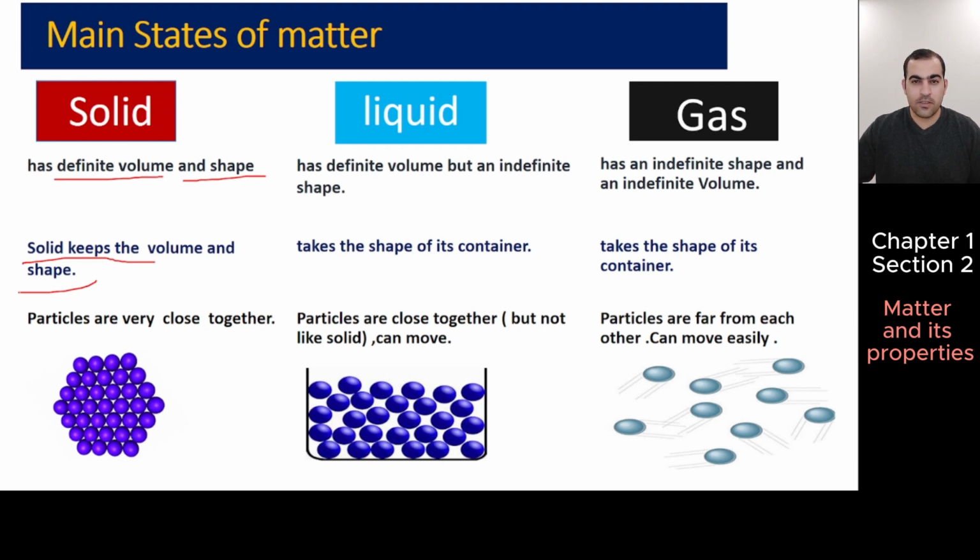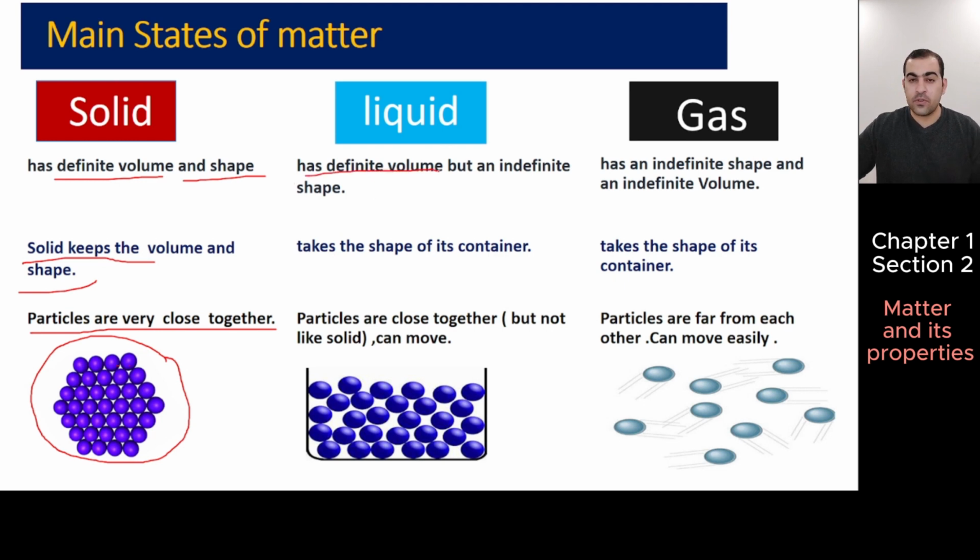Its volume doesn't increase or decrease. So solids keep their shape. Why? Because the particles of a solid are very close to each other. Imagine these are particles of a pencil. Look, they are very close. There is little space between them. What about liquids?